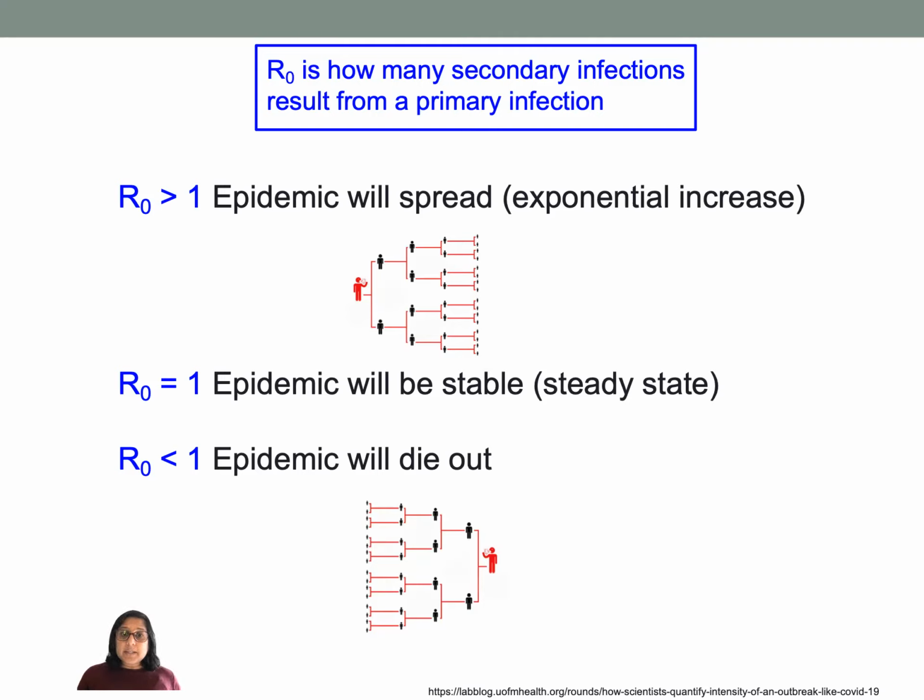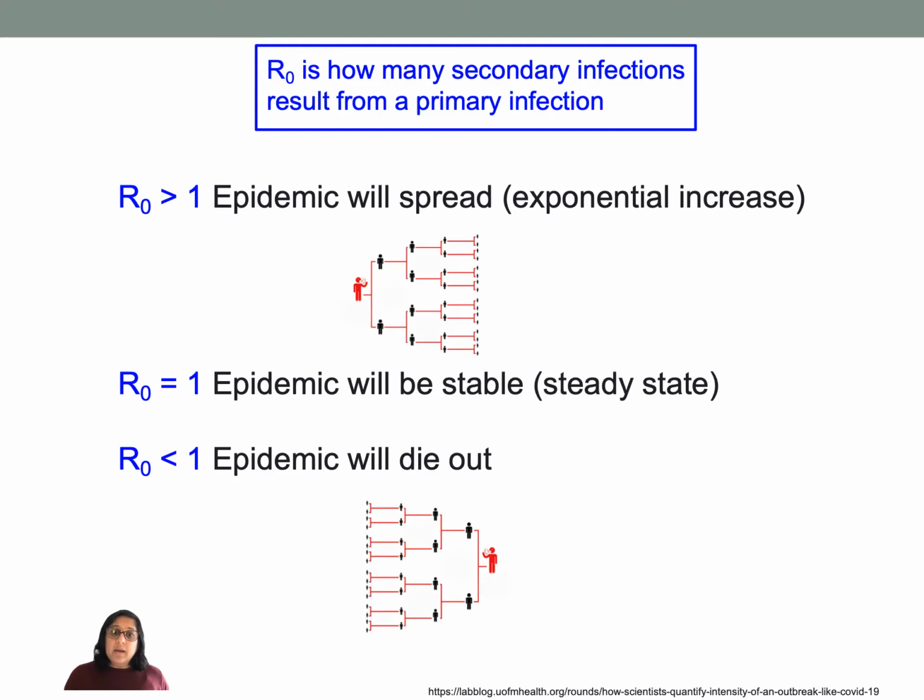So let's say this is me, I infect 2 people, they each infect 2 people, then they infect 2 people, and so the epidemic just grows. If R naught equals 1, that means that I infect one other person before I recover, and then they infect one other person down the line before they recover, and so forth, then the epidemic will be stable. It's not going to increase and it's not going to decrease.